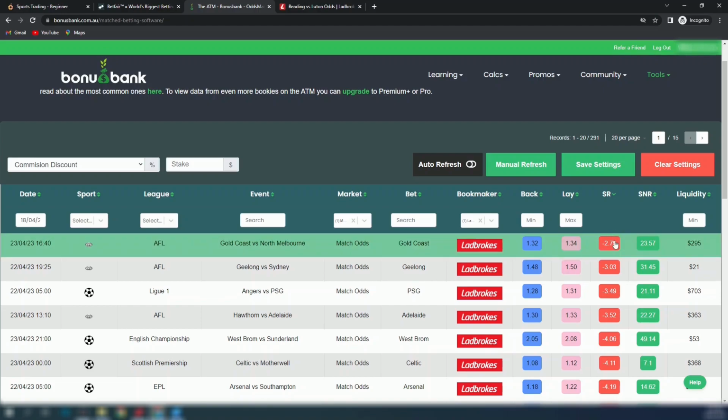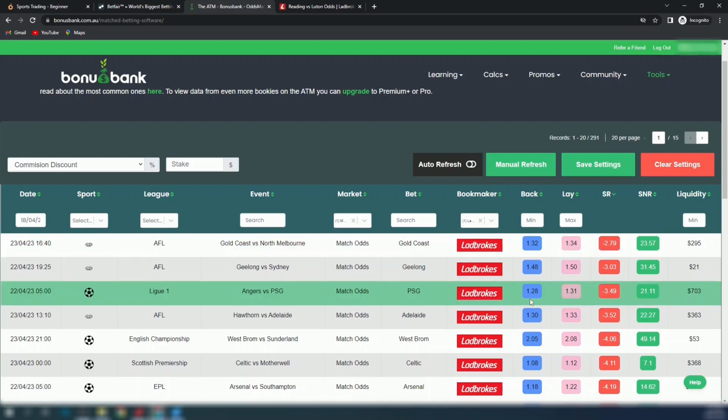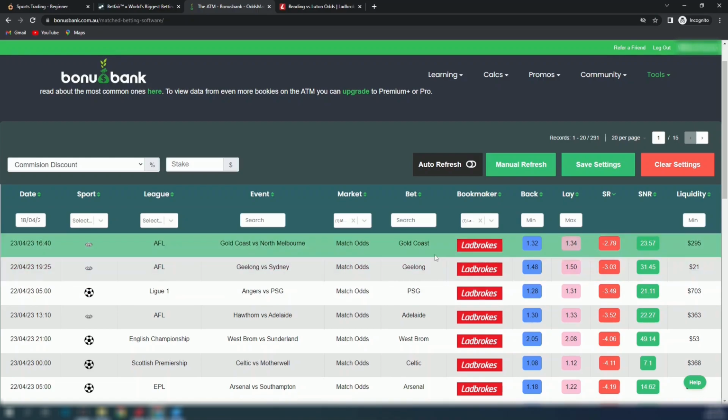And then we head over to liquidity and we're looking for a max back stake that's greater than our back stake of $250. You can see here it says $288.30. So that's good. So with the percentage loss less than 5% and the max back stake greater than our $250 back stake, we can head over to the left and we'll copy our team.